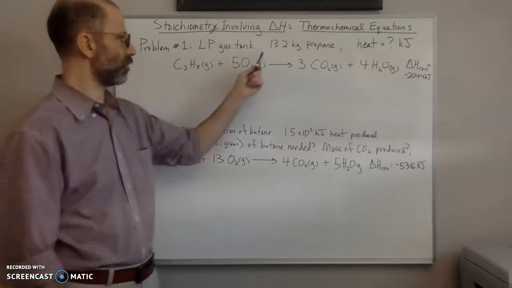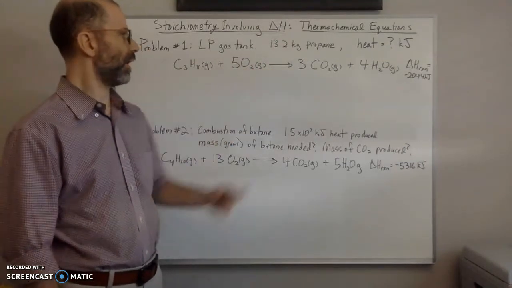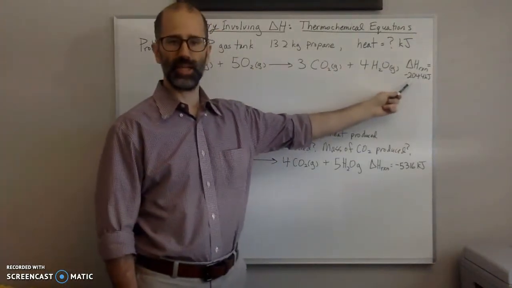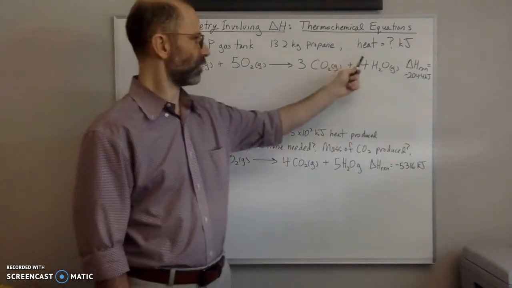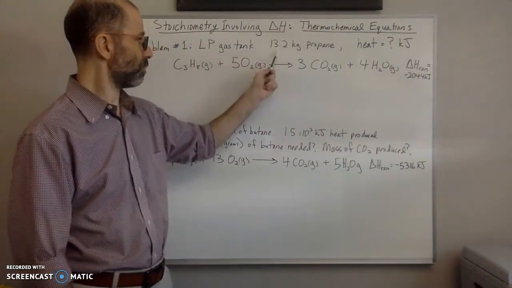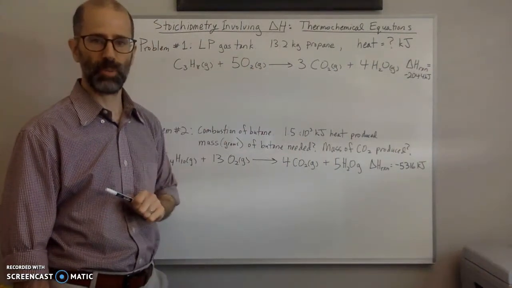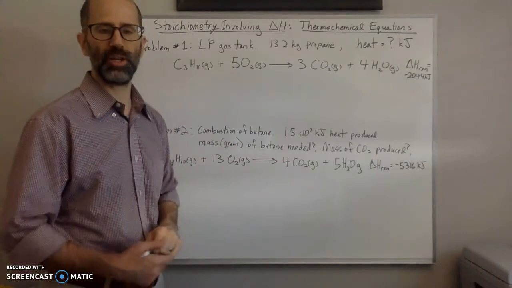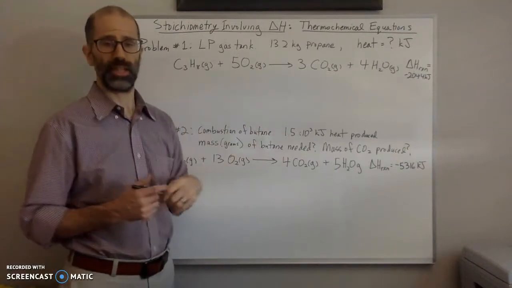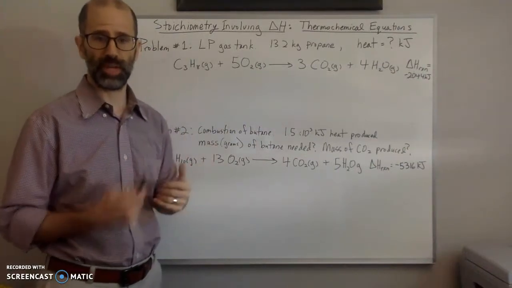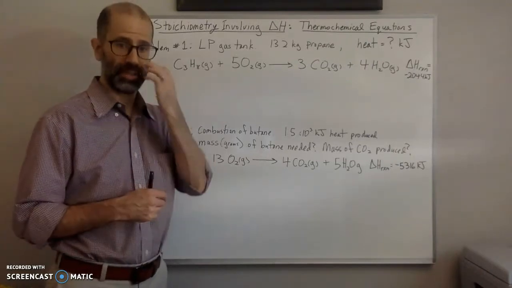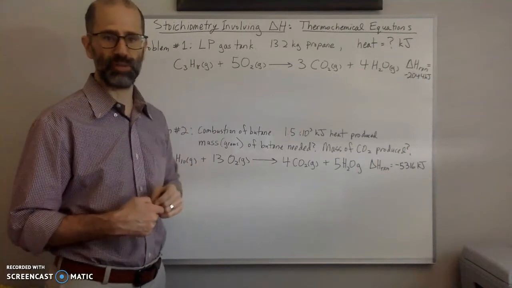So you've got 13.2 kilograms of propane, you've got your balanced equation, and you also have the delta H of the reaction given. And they want to know how much heat is going to be produced from the burning of this amount of propane. Given the fact that you've got a balanced equation, that should tip you off that you're going to be using stoichiometry, which means you're going to be using your mole-mole ratio or something like that to solve this problem.